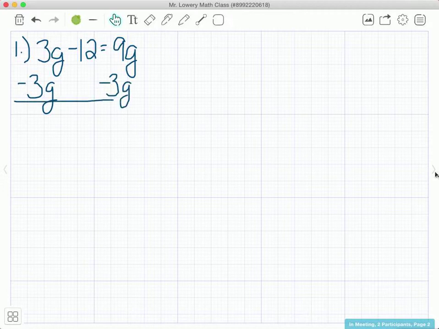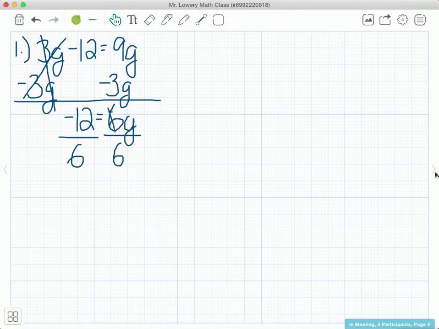That allows us to cancel these out and get negative 12 left over on the left, and 9 minus 3 is not negative 6, it's positive 6 on the right. Then we undo the multiplication by doing division, so divide by 6, divide by 6. These cancel out, and we're left with g on the right side, and negative 12 divided by 6 would be negative 2 on the left side.